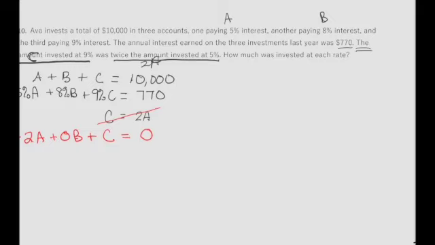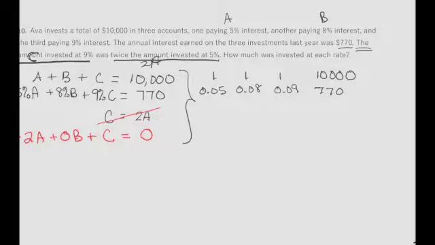As a matrix, this will look like 1, 1, 1, 10,000. The next one, if you want to do decimals, is 0.05, 0.08, 0.09, and 770. I did not multiply by 100 across the board. I could, and that's one of the allowed things. If you want to change it to 5, 8, 9, then the 770 needs 2 more zeros behind it.